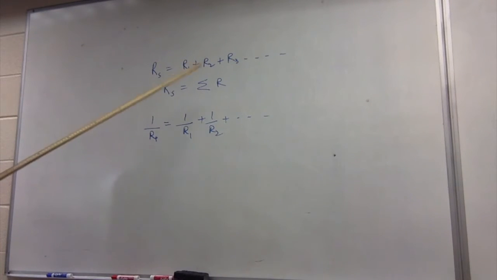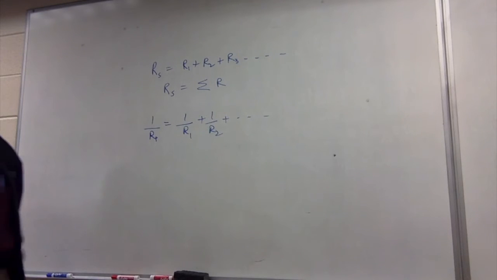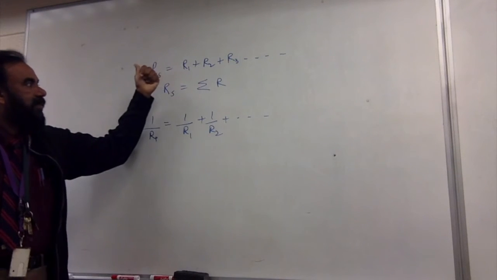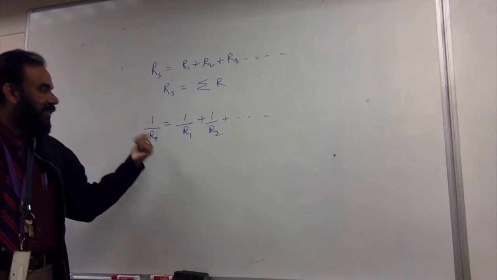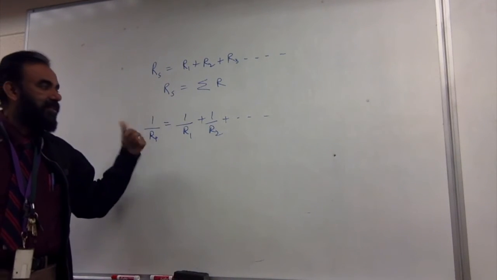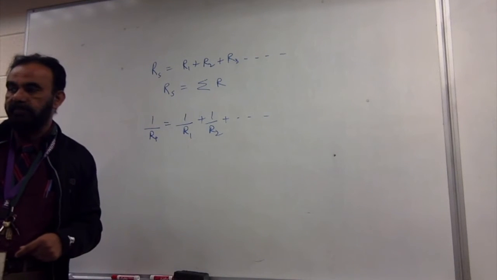When you connect resistors in series, the equivalent resistance is always greater than even the greatest one, and we've seen that last year. And when you do them in parallel, it's going to be smaller than the smallest. Do you remember doing it?